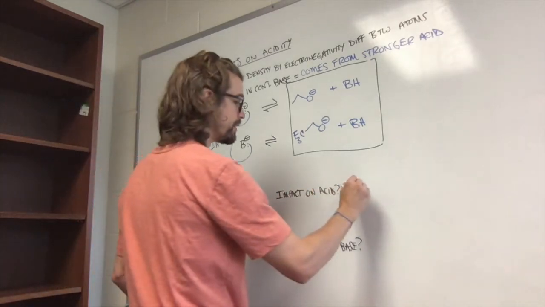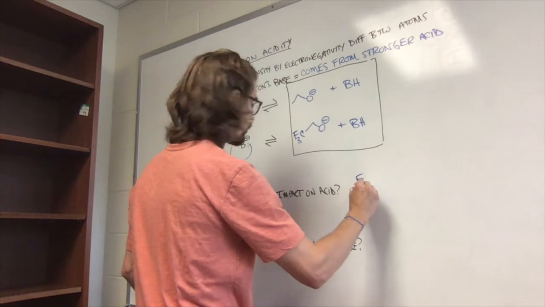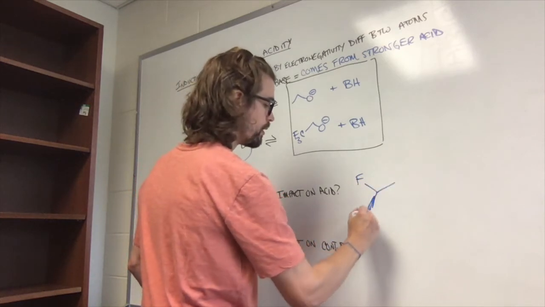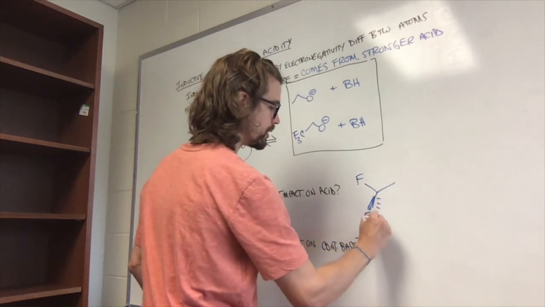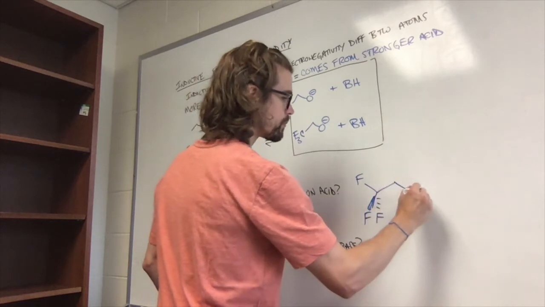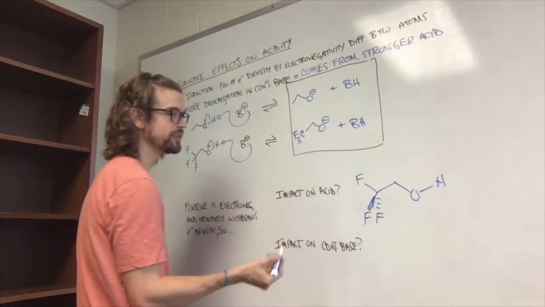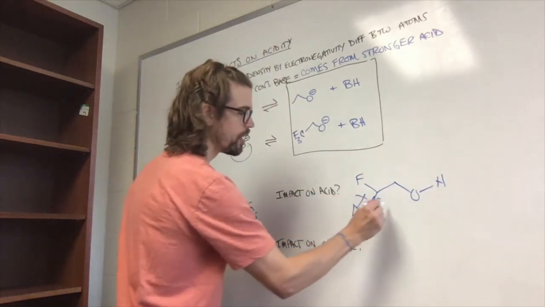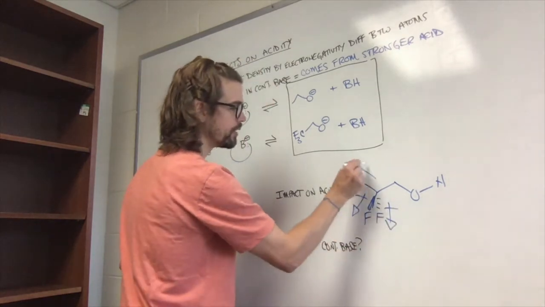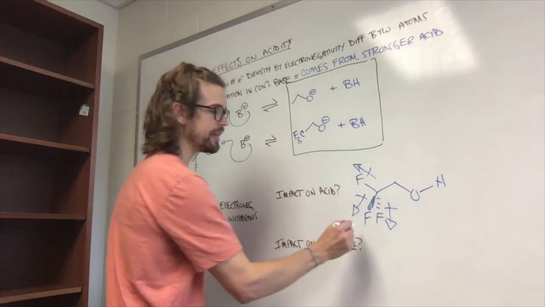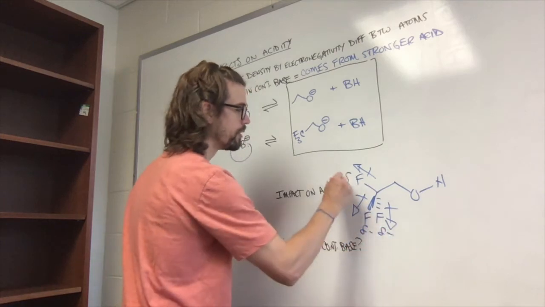So let's redraw that molecule right here. I'm going to put the stereochemistry in a little bit. What are these fluorines doing? They're more electronegative, so they're pulling electron density away from that carbon, and each of them has a partial negative.